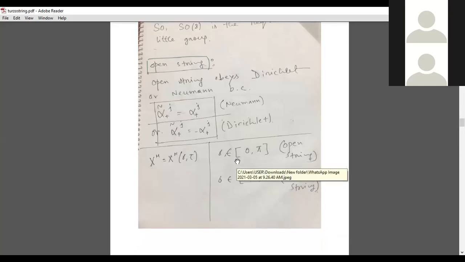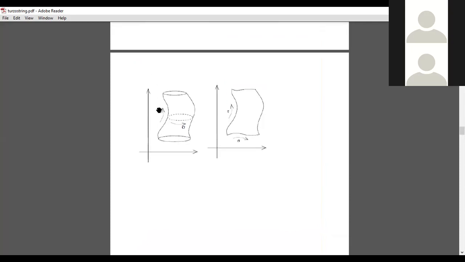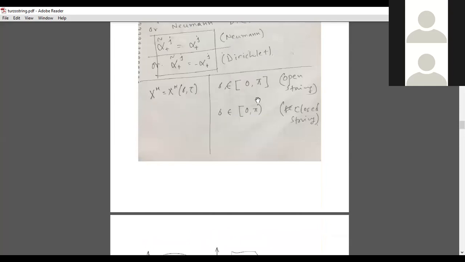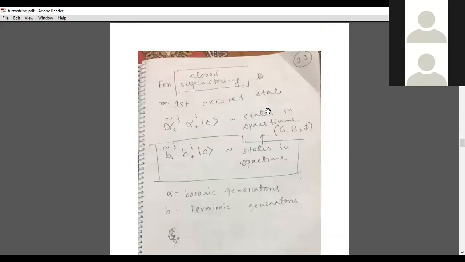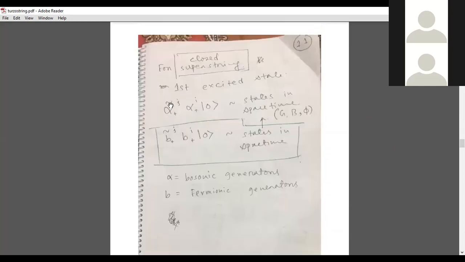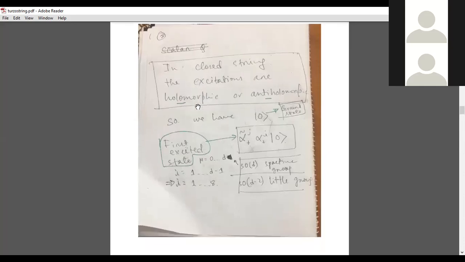So this is our picture, right? In closed string, we have a period, sigma has a period from 0 to pi. Sorry. So for closed superstring, the first excited state is this. Now, remember that our string theory is supersymmetric, right?